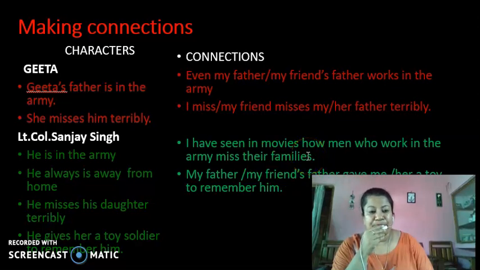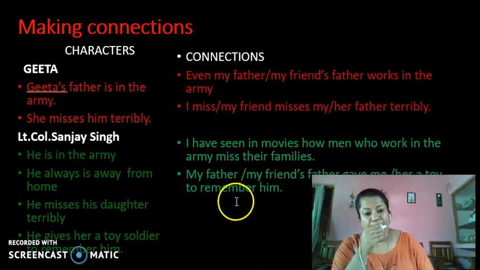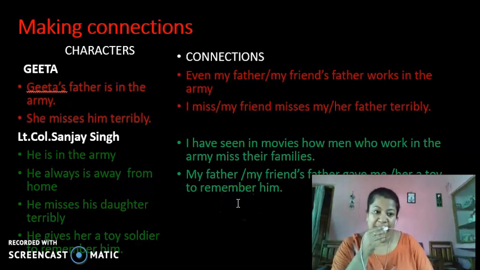And it's very popular that before your dad goes on a holiday or to a war, he may give you a gift to remember him, right? So maybe your father, if he is away, has he given you anything to remember him? Or if you have a friend whose father is away, has he given her anything?